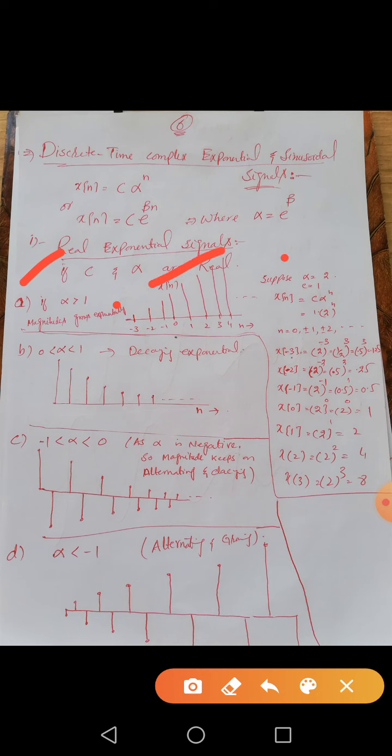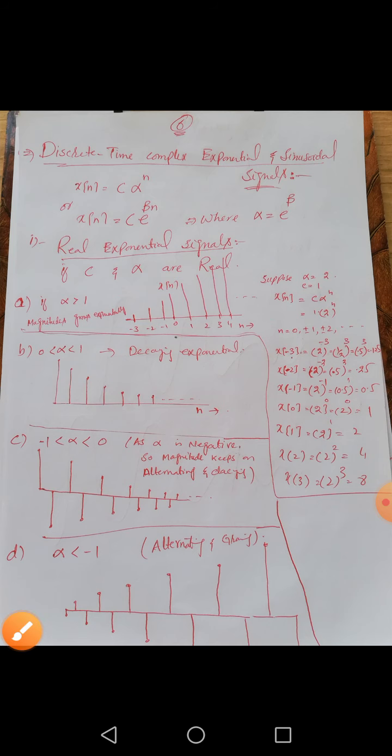Suppose alpha is equal to 2 and c is equal to 1. So x of n will be equal to c alpha power n, which is 1 times 2 power n, where n can be any integer: 0, plus minus 1, plus minus 2, plus minus 3 and so on.